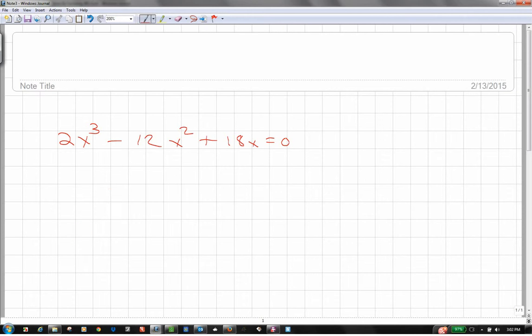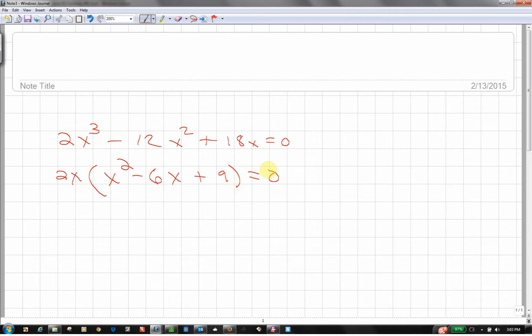So all I have to do is factor that and figure out what values of x make that go to 0. The first thing I'm going to do is see if I could factor anything out of it, and I can. I could get a 2 out. I can get an x out because every term has an x. That would give me x squared minus 6x plus 9 equal to 0.